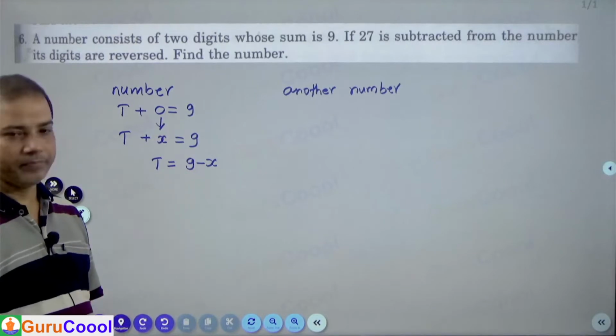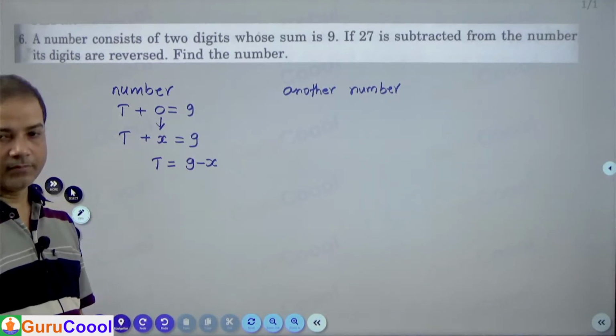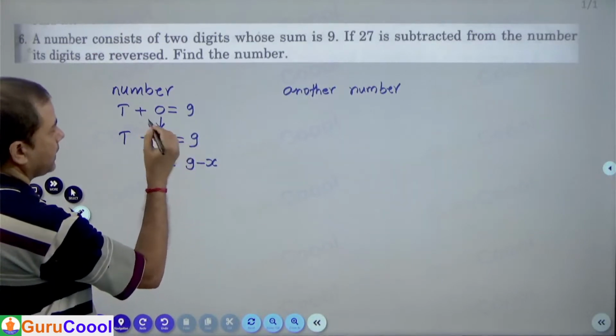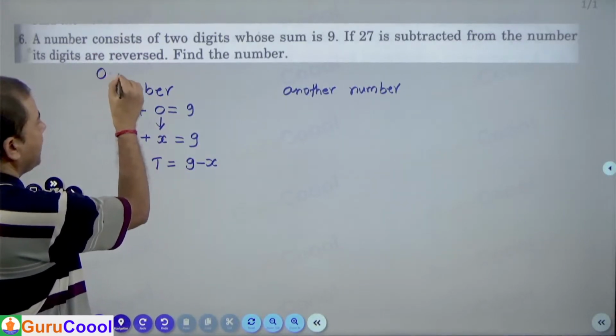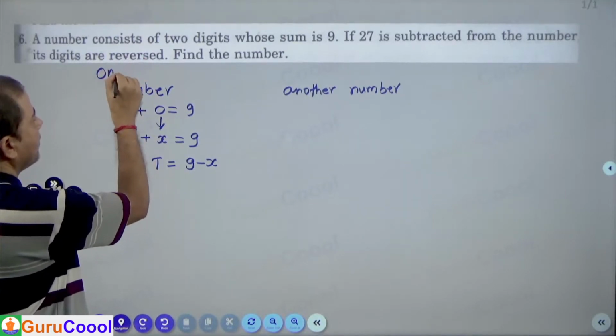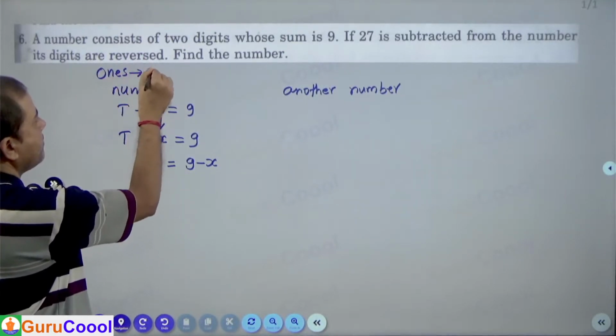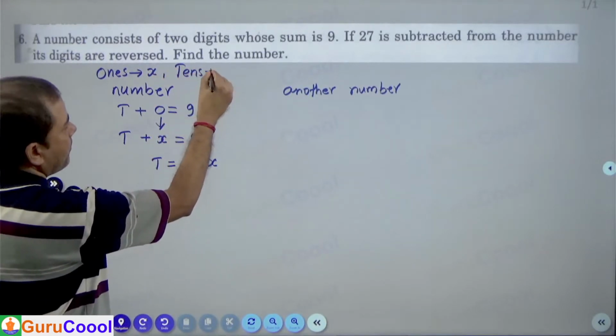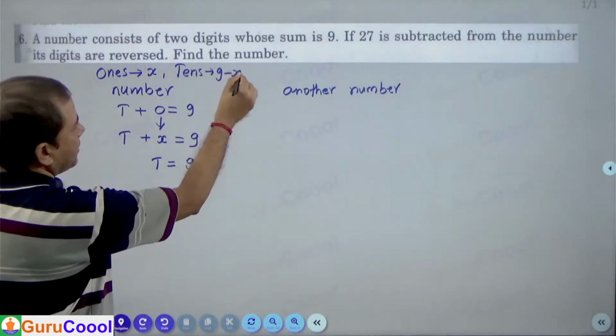Isn't that? So we get ones place x and tens place 9 minus x.